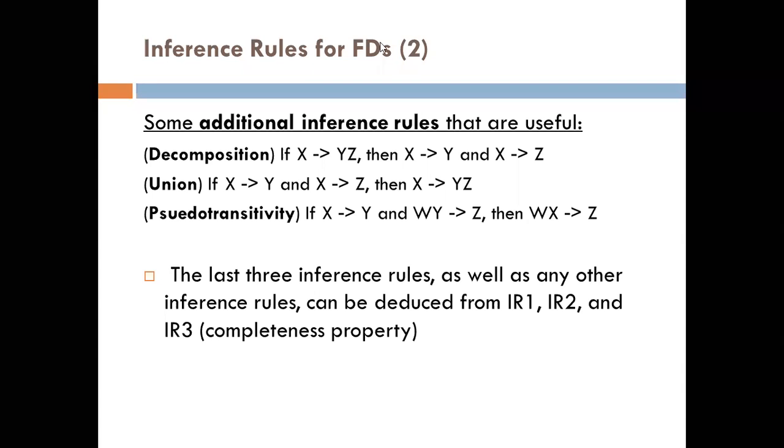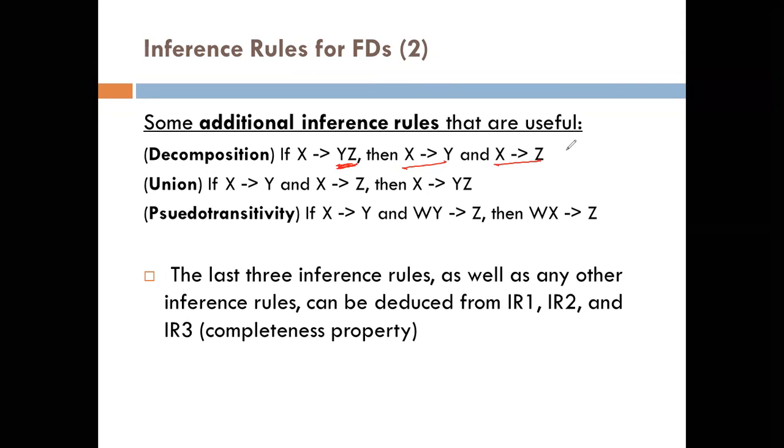The additional inference rules include decomposition. In decomposition, if there is more than one set of attributes on the right side, we can divide it. So x determining yz becomes x determining y and x determining z.